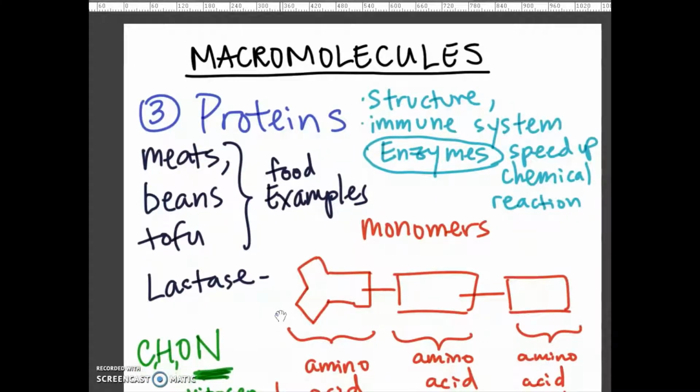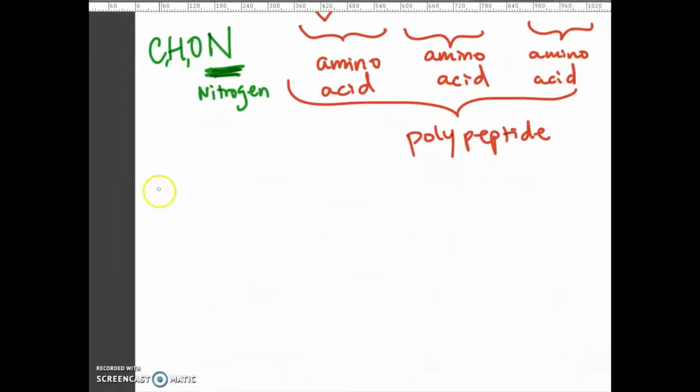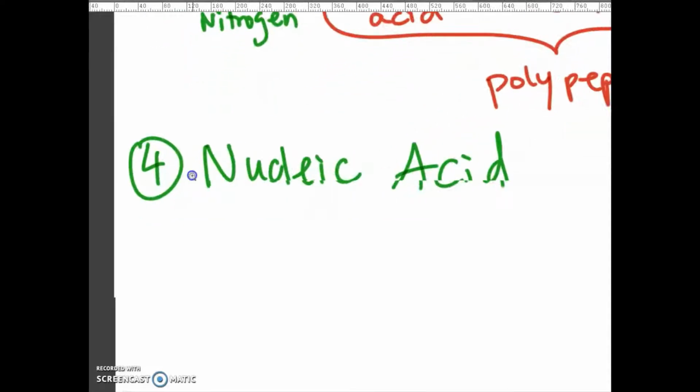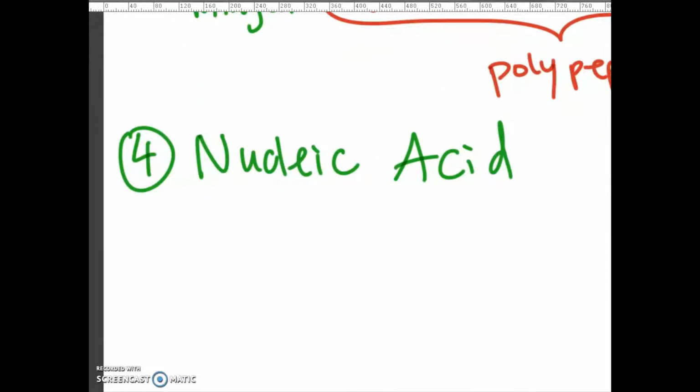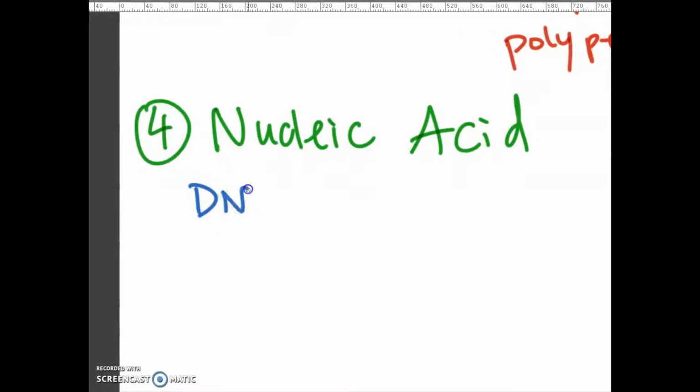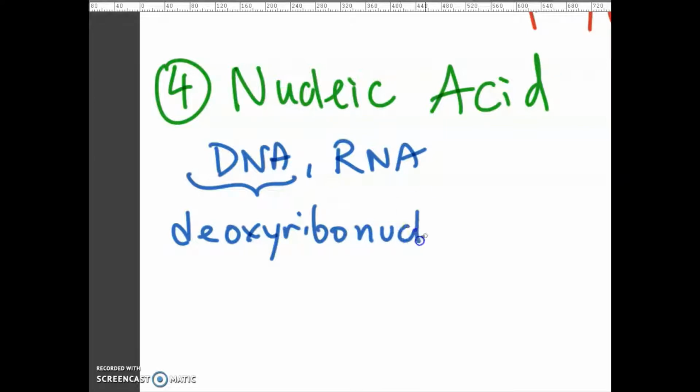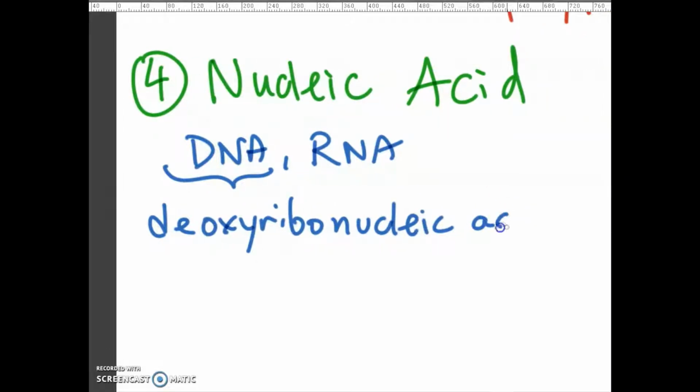Okay, last but not least, number 4, our last one is nucleic acid. So this one, you guys probably know already as your DNA and RNA. If you remember that DNA stands for deoxyribonucleic acid.